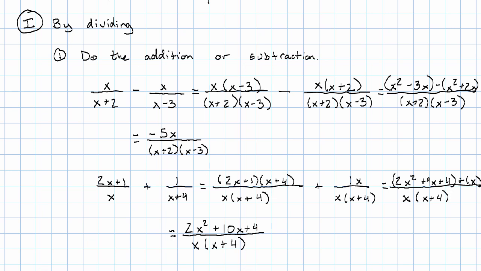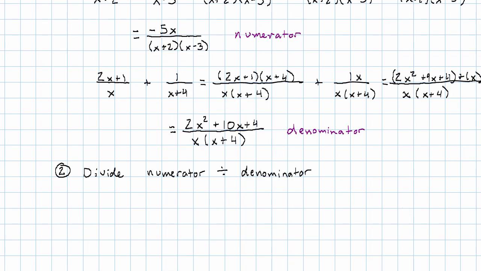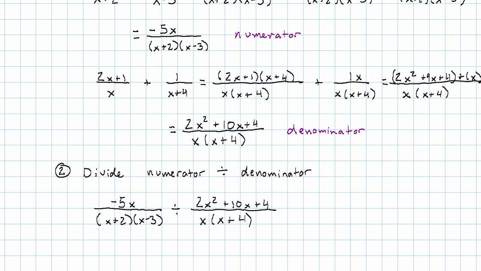Okay, so this was my numerator. And this was my denominator. For our entire complex fraction, then, we'll want to take the numerator divided by the denominator. So we'll have our numerator divided by our denominator. We rewrite that as multiplication.